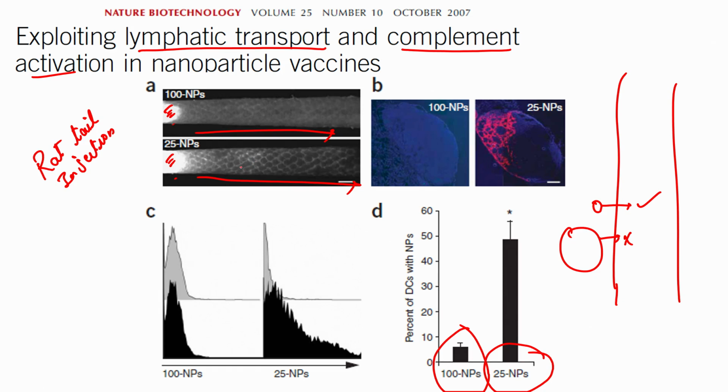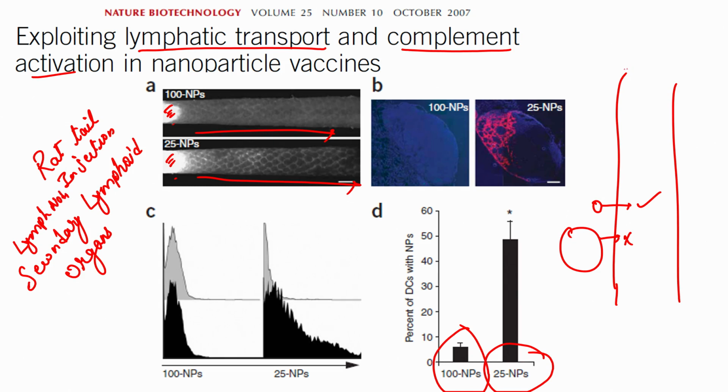Now, all the lymphatics are directly connected to lymph nodes, which are the secondary lymphoid organs. So these lymphatics are flowing and then they flow into a depot which is called a lymph node.